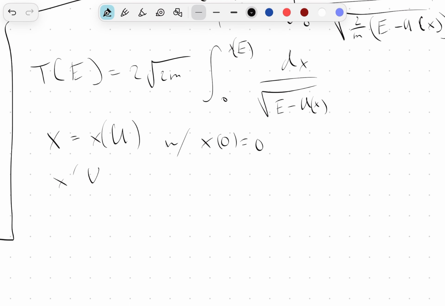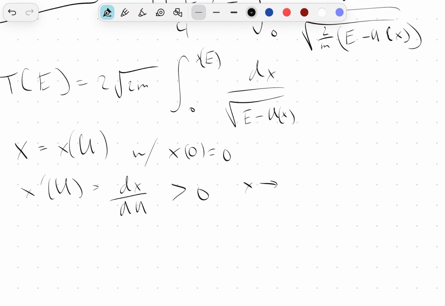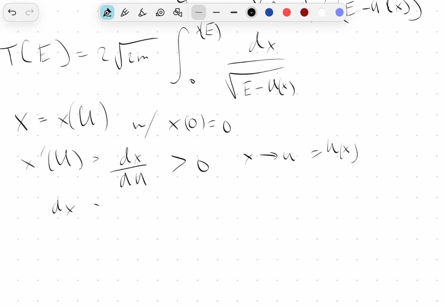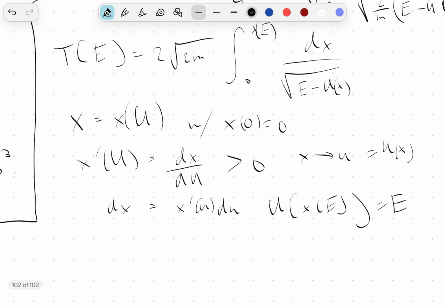The derivative dx over du has got to be greater than 0 as well. So if we change the integration variable from x to u, we have that dx is x prime of u du, and this still remains satisfied. And what that does is this yields the Abel equation.